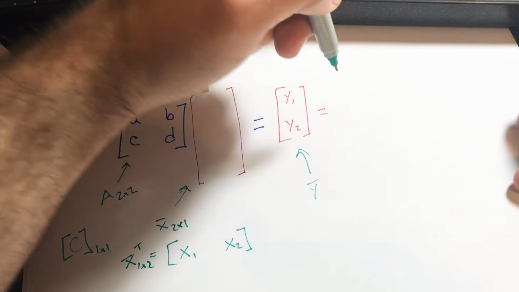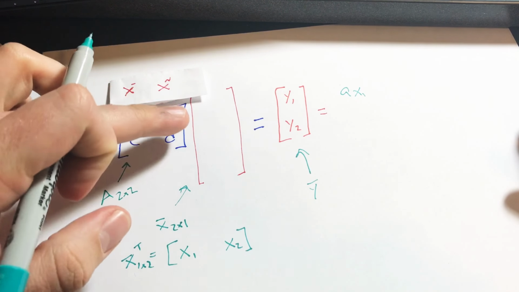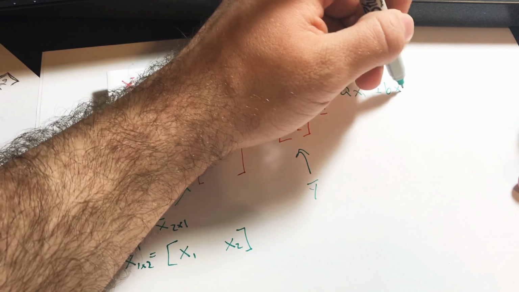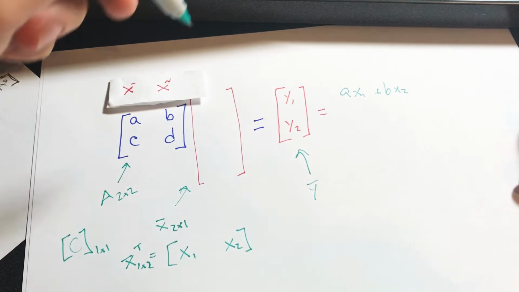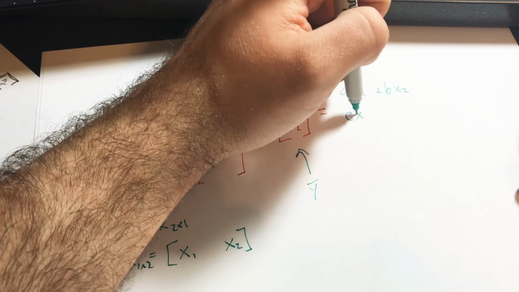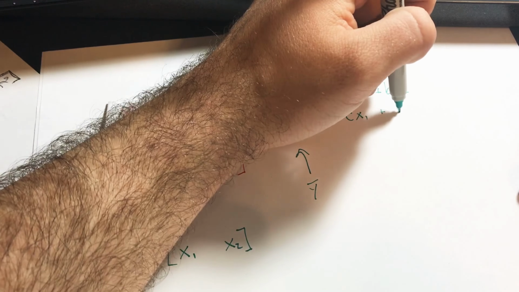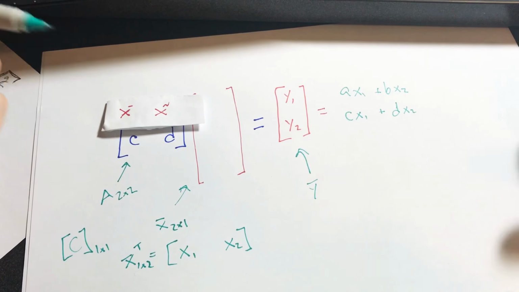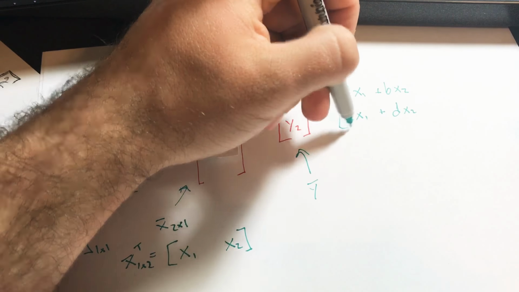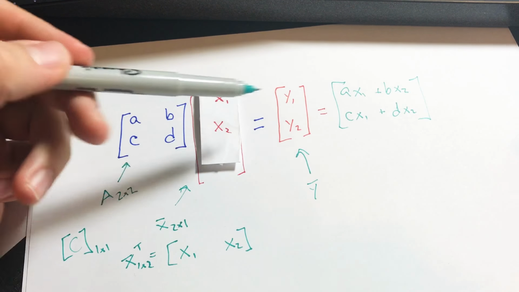So A times x1 plus B times x2, and now down here, C x1 plus D x2. Okay, cool, we did it. We can put this guy back. So what do I have here?